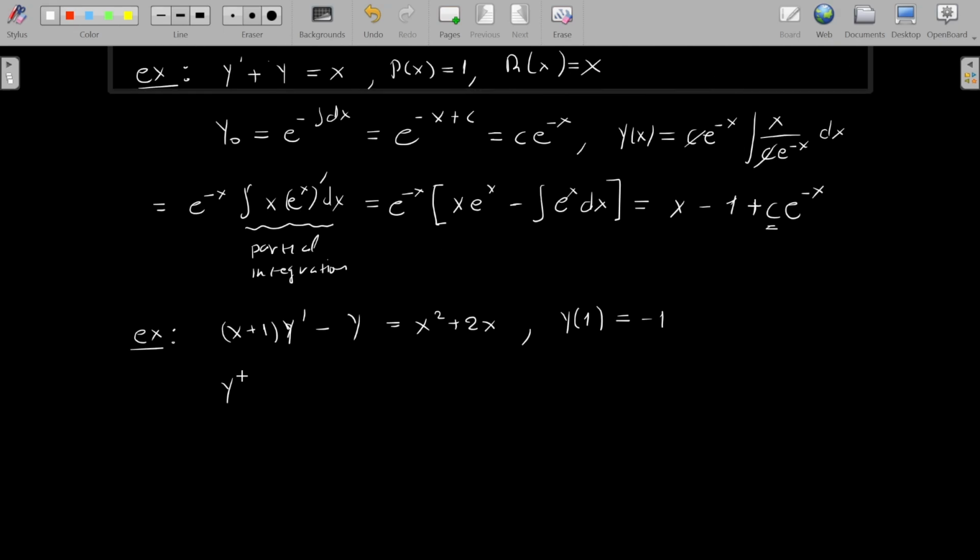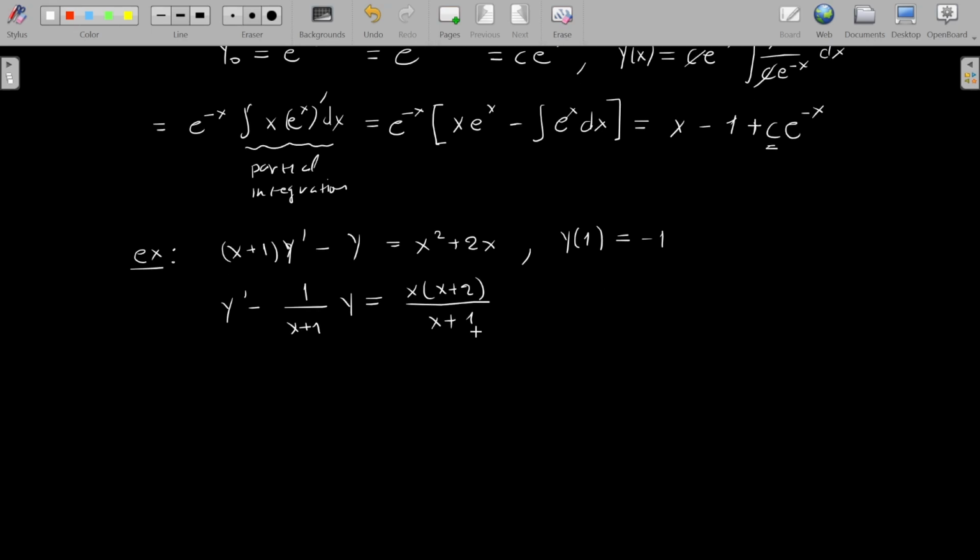So, y prime minus 1 over x plus 1, y is equal to x squared plus 2x over x plus 1. It's not going to simplify for us, unfortunately, so I just leave it like this.